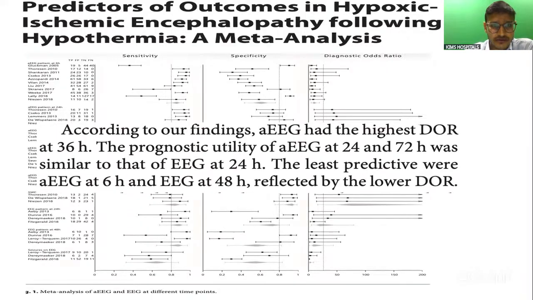So what they concluded was amplitude EEG had the highest diagnostic odds at 36 hours, and the prognostic utility of amplitude EEG at 24 and 72 hours was almost similar to the conventional EEG at 24 hours. So these were the findings. It has a very good sensitivity in predicting the neurodevelopmental outcome at a later age in those who receive therapeutic hypothermia.